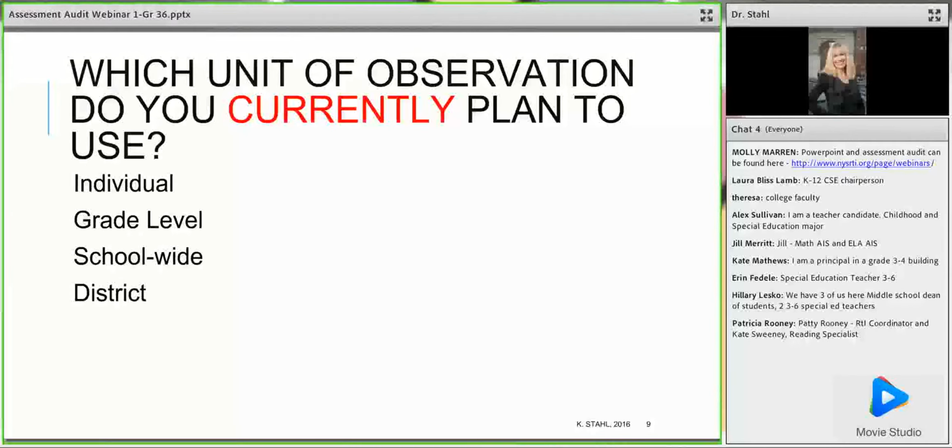We want to look and see what assessments we're using. Are the assessments we're using getting results that are aligned with what our state ELA test results are getting? And so a grade level may decide to do that, and that still would yield some improvements. It would still yield some value.